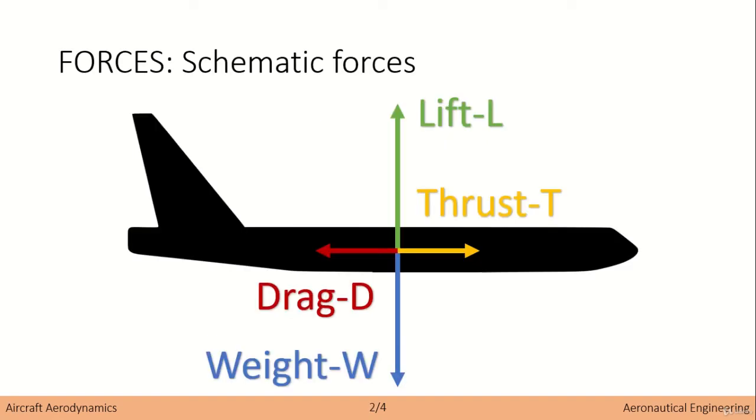Here you have the schematic of the most basic forces that you may encounter in an aircraft. You have, of course, lift, which is provided by the wings, as you can imagine, and allows the aircraft to go up in the sky. You have the weight, which is related to the whole spacecraft.